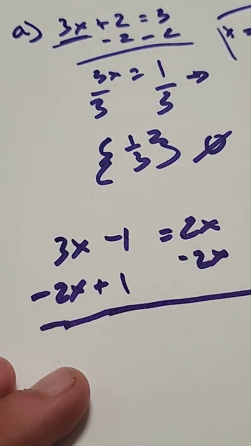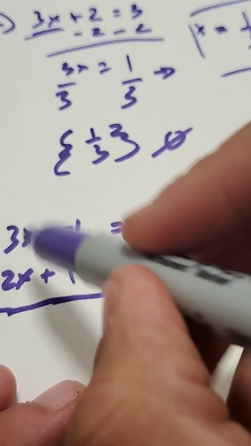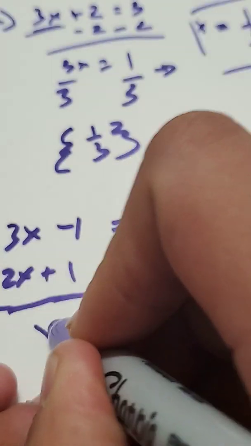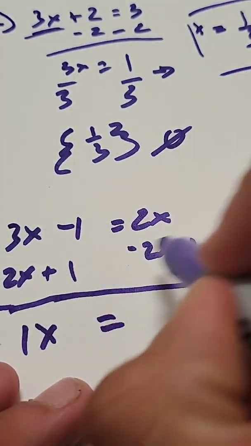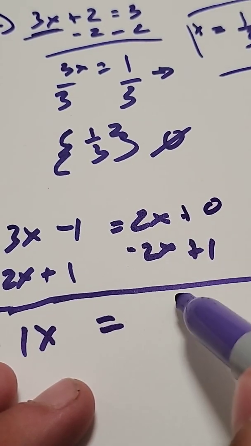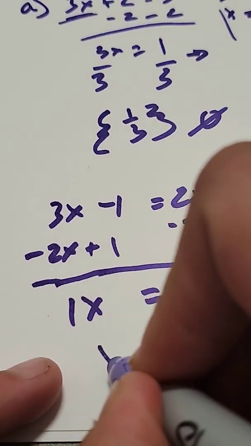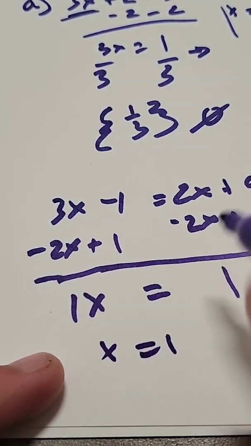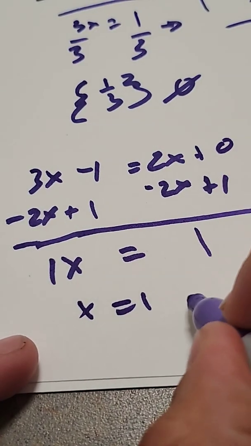Then we're going to add 1 to both sides to isolate x. So 3x minus 2x is 1x, and we have 0 plus 1 is 1. So 1 times x is x. So x is equal to 1. All right, we'll check this to make sure. So our solution is 1.